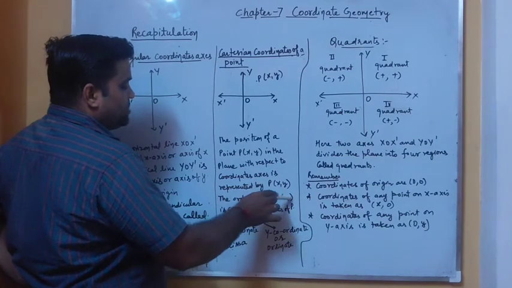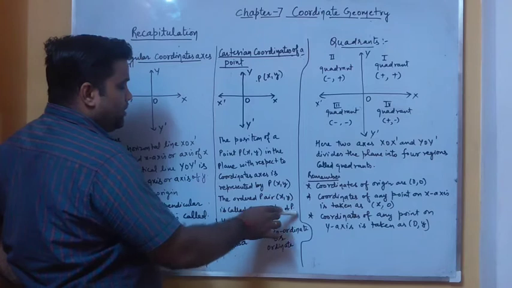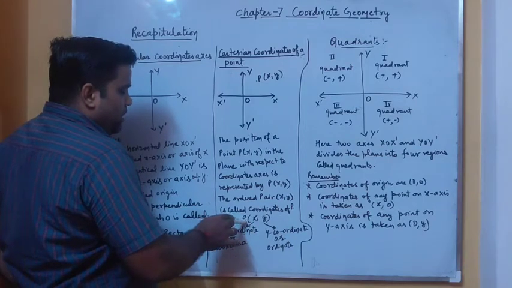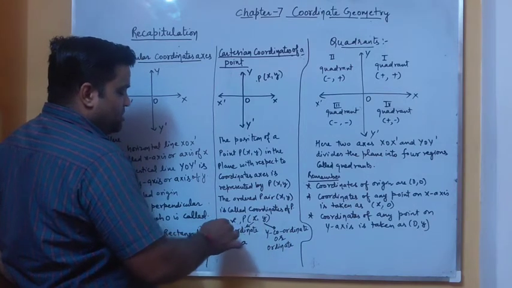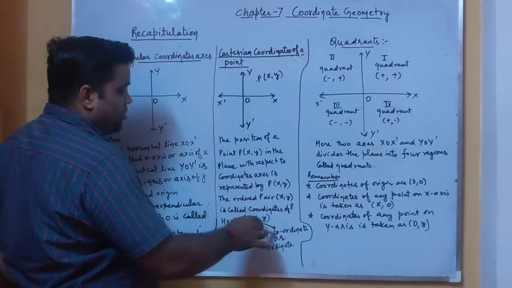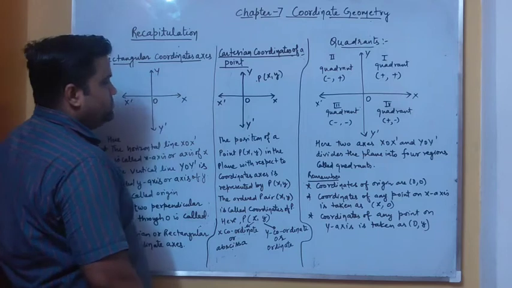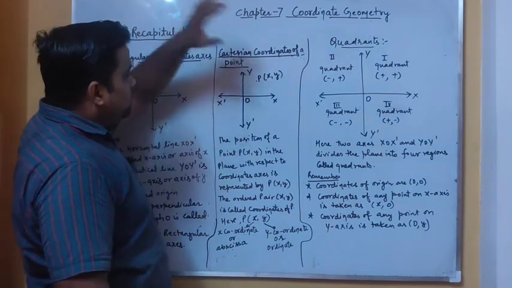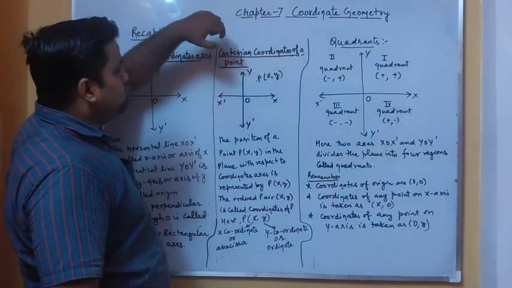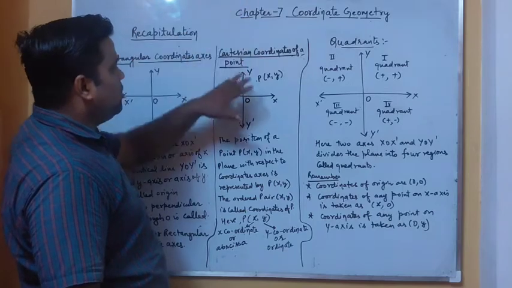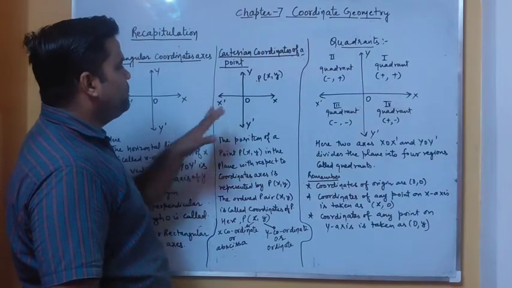The ordered pair (x, y) is called the coordinates of P. Here x is called the x-coordinate or abscissa, and y is called the y-coordinate or ordinate. As you have also studied in your 9th class, I think you know it well.